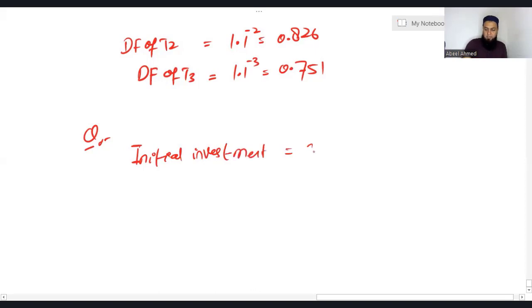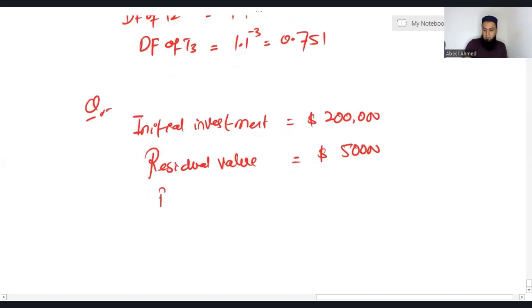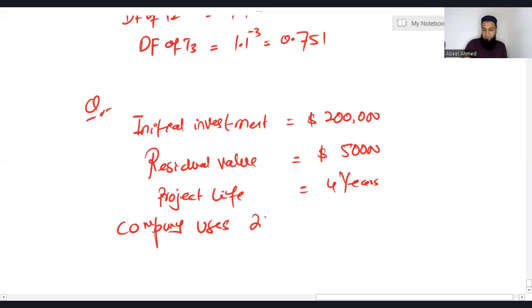Initial investment is, let's say, 200,000. Residual value is 50,000. Project life is, let's say, 4 years. Company uses the 25% written down value method for capital allowances.